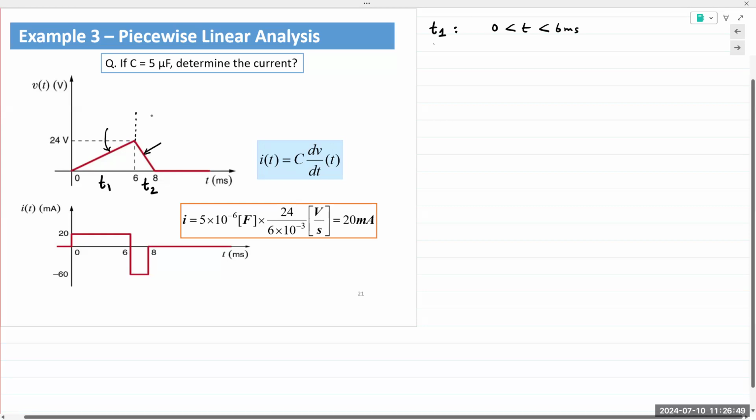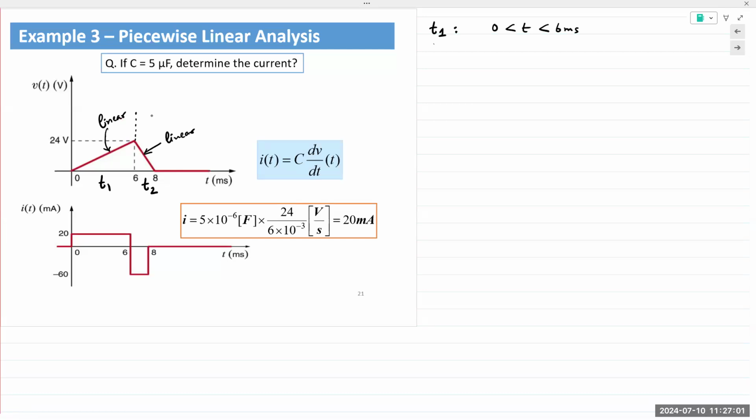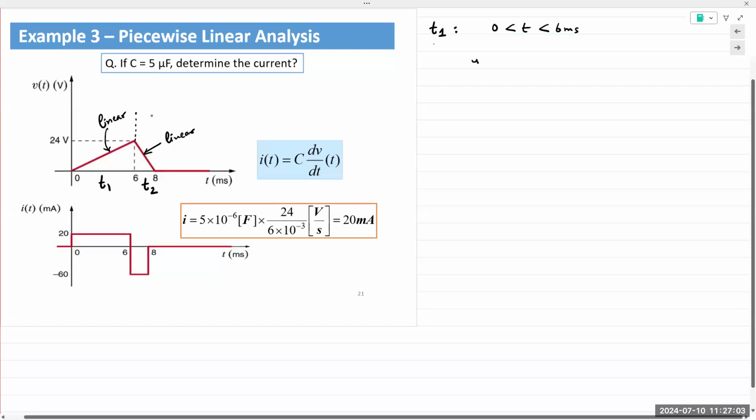And between each time period, we can see the value of the voltage is linear with respect to time, meaning it is a straight line. And if it is a straight line, we can use the slope line intercept method to describe that line.